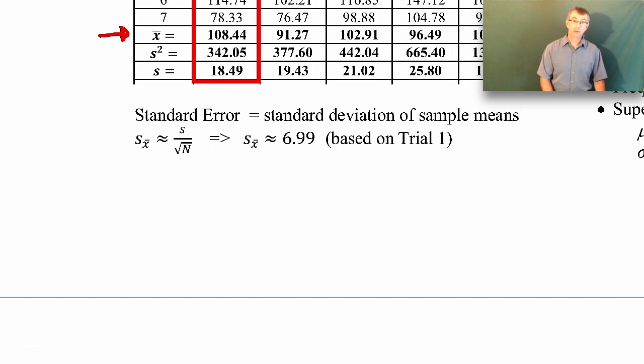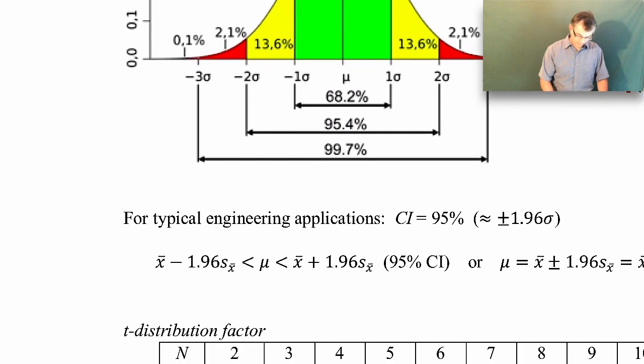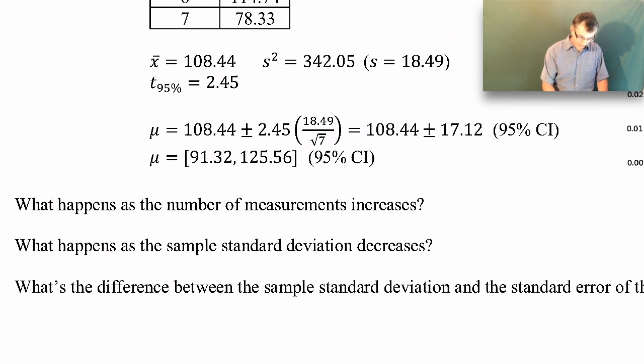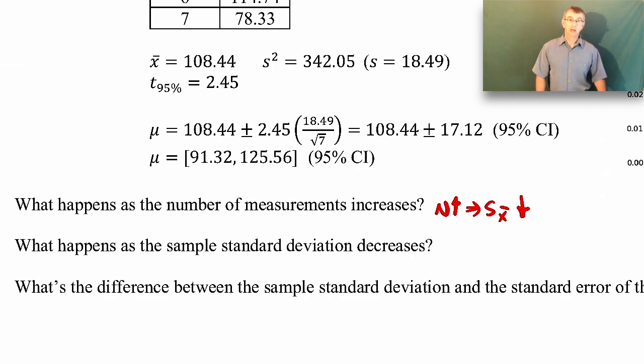We'll be closer and closer to the true mean because the distribution of our samples has gotten tighter and tighter. So as n increases, the standard error decreases. So our range of uncertainty gets smaller.